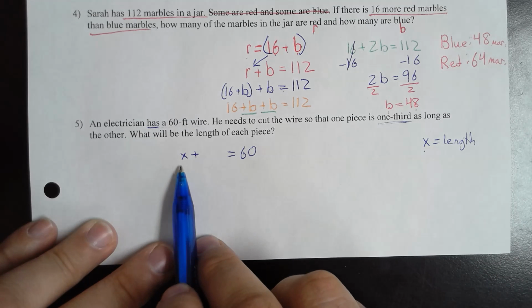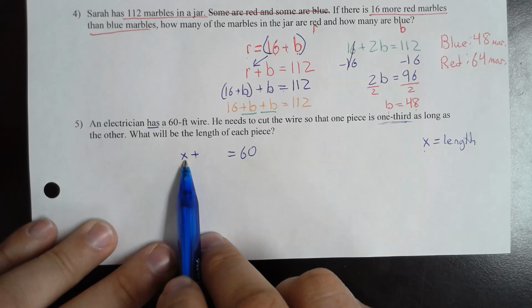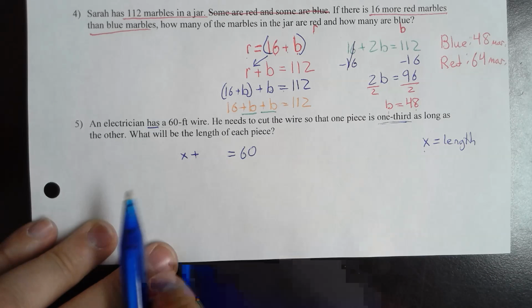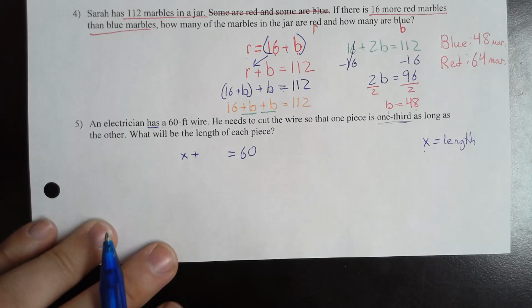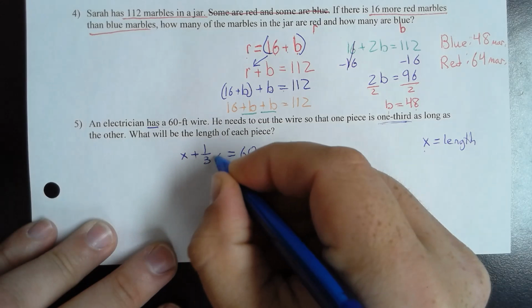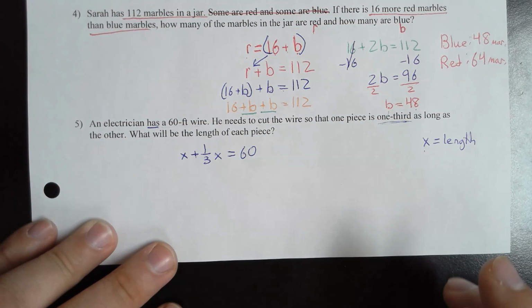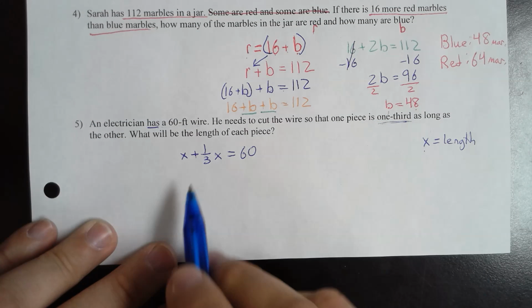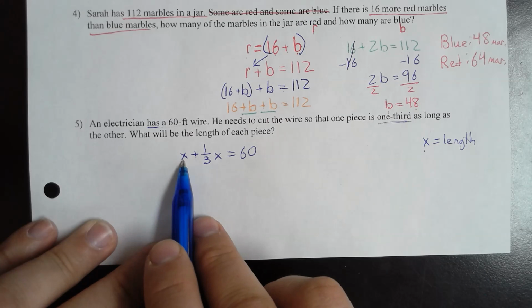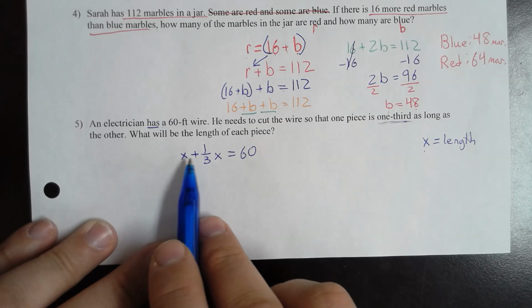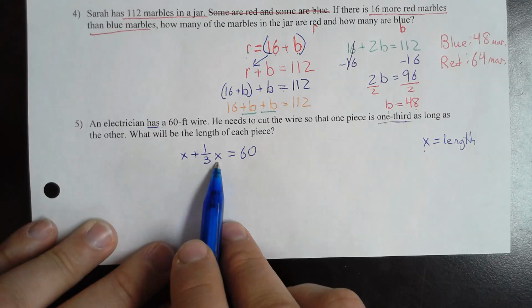Is X. So if I want 1/3 of that, how would I write that? 1/3 X. Okay. So we have X, the length of one wire, plus the second wire, which is 1/3 of the first length, is going to equal 60.